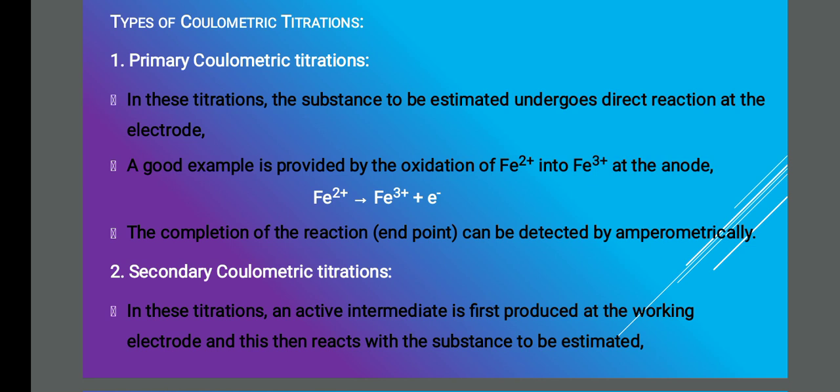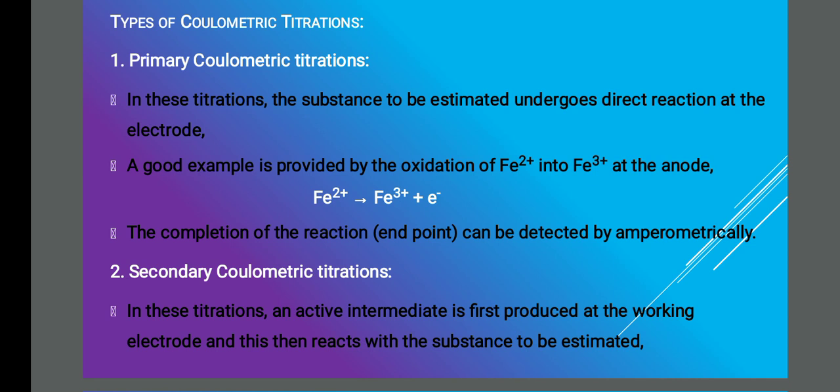Coulometric titration has two types: primary coulometric titration and secondary coulometric titration. Coming to primary coulometric titration, the substance to be estimated will undergo direct reaction at the electrode. No intermediate is formed here; a direct reaction takes place at the electrode. The substance which is to be estimated undergoes direct reaction at the electrode.